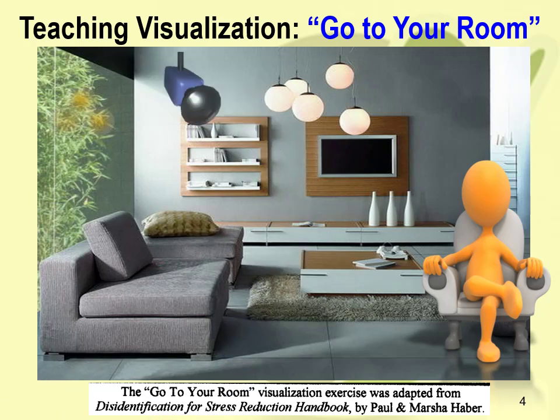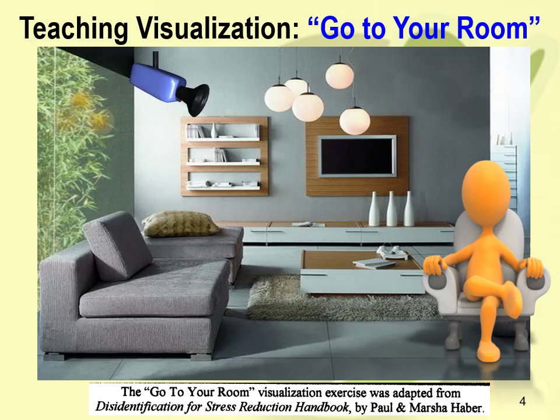So the next thing I want you to do, and this is a little more difficult, is taking a third person viewpoint. Okay? So once again, close your eyes, put yourself in that room, look at the wall that's in front of you, and then I want you to imagine in the far right-hand upper corner of the room, there's a video camera.